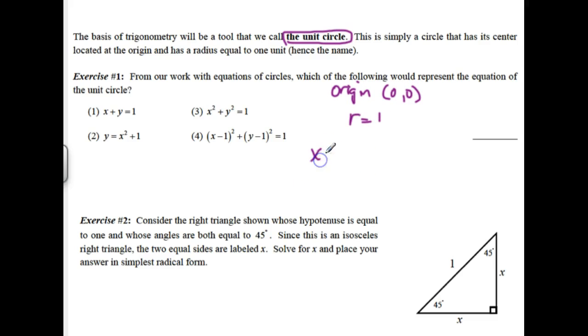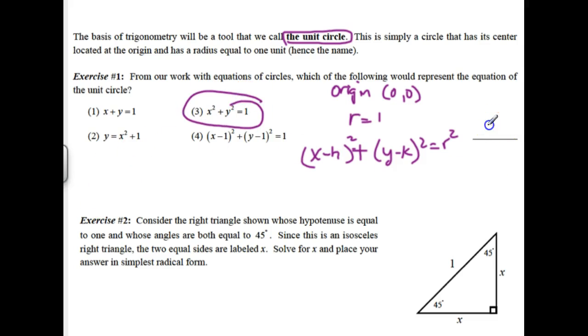So this is actually, remember, x minus h squared, plus y minus k squared equals r squared. This was our formula back in geometry. I know the h and k is 0, 0, and my r is 1, so 1 squared is 1. So this becomes my equation of a circle.